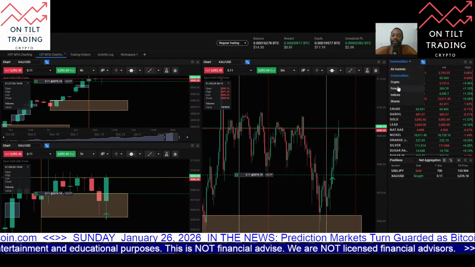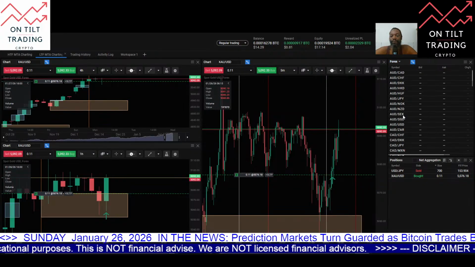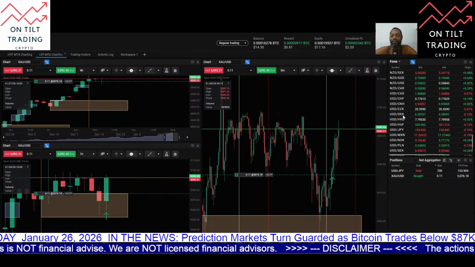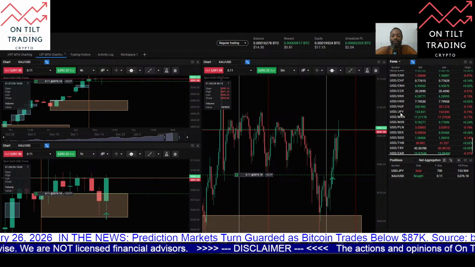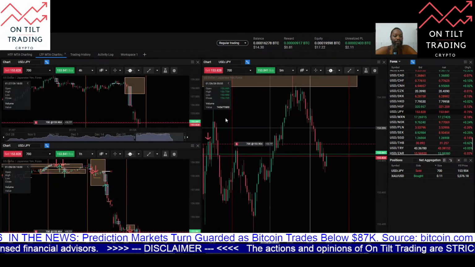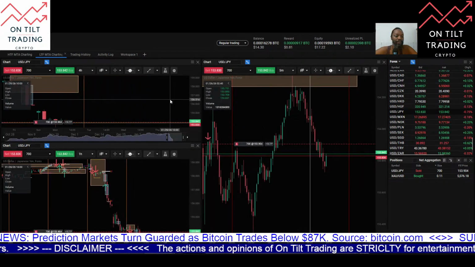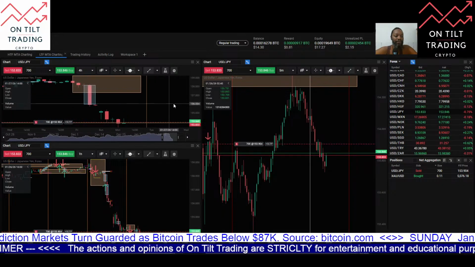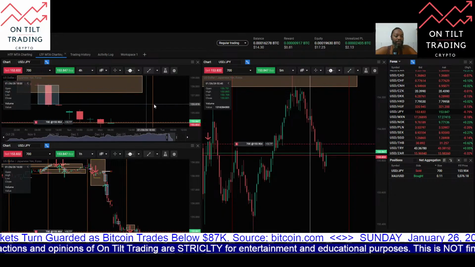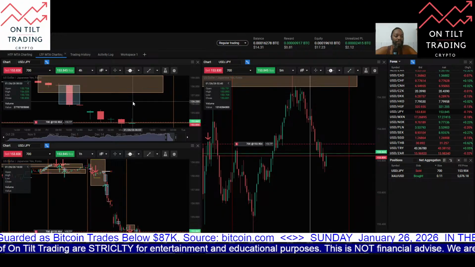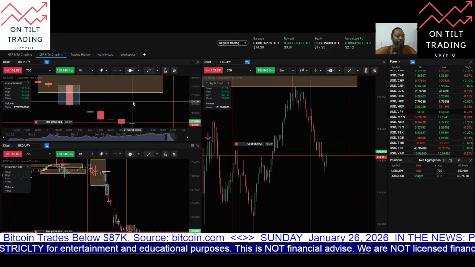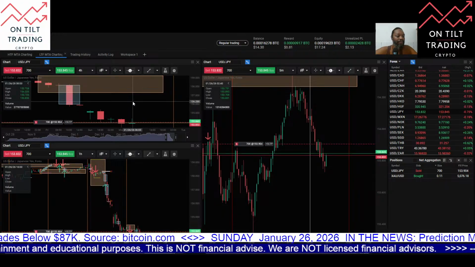We'll have a look back over at USD JPY. And we can see some buy side delivery coming in here, as gold is also showing some buy side delivery here.